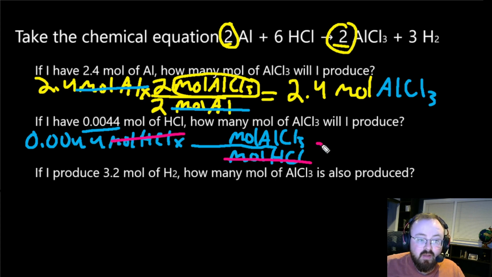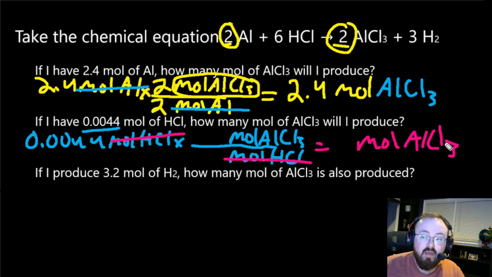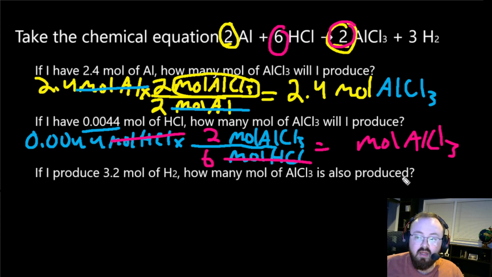My unit that I'm left with is moles of AlCl3. So what numbers go into this ratio here? That's again where our coefficients come in. The coefficient for AlCl3 is a 2. The coefficient for HCl is 6. Let's make that a little bit more 6 looking. And that is how we're going to get this.